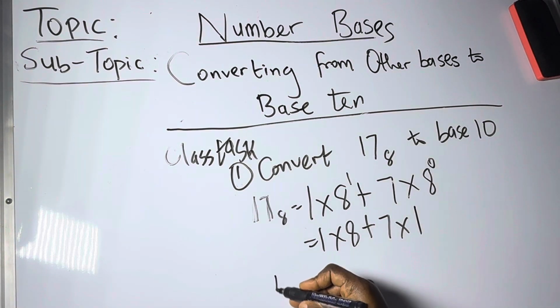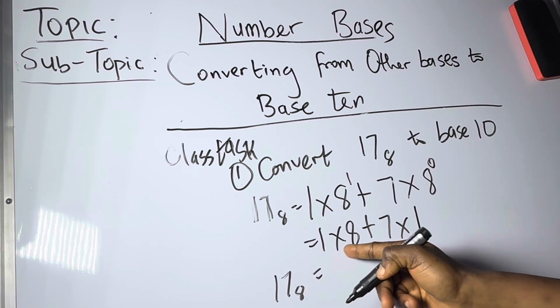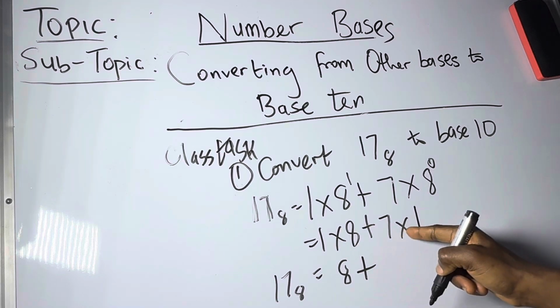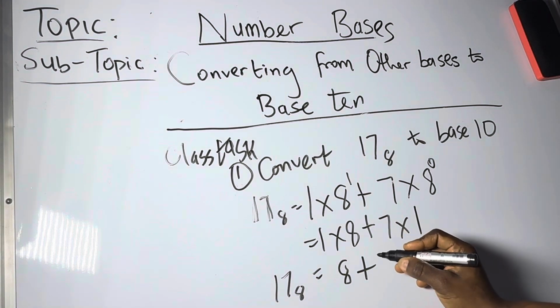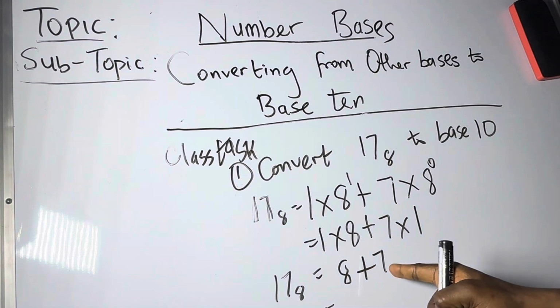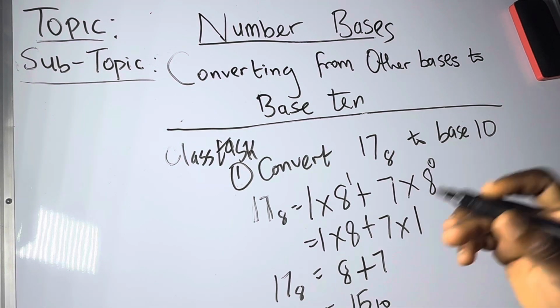So therefore, 17 in base 8 equals 1 times 8, which is 8, plus 7 times 1, which is 7. So now, the final answer is 8 plus 7, that's 15 in base 10.